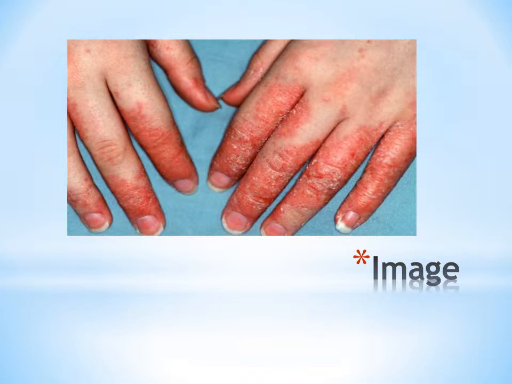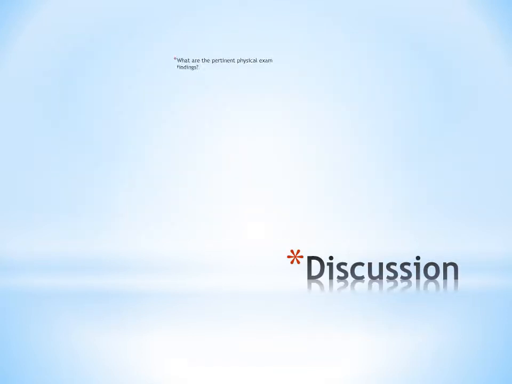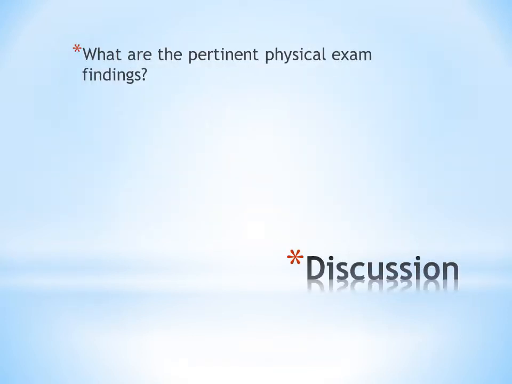It's important when you're looking at dermatologic conditions to look at other areas, not just where you see the rash, but areas surrounding the rash, including nails, scalp, hair, these kinds of things. When we're trying to determine differential diagnoses, this can be very helpful. So what are the pertinent physical exam findings?